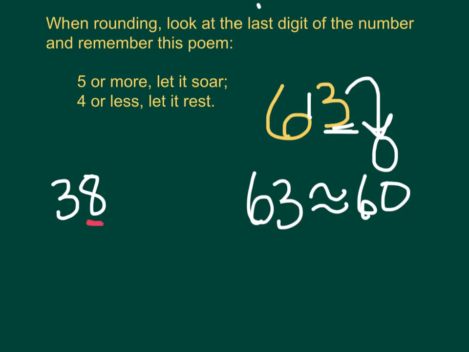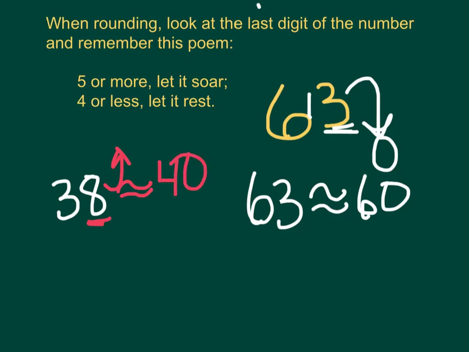In this case, it's the 8. If it's 5 or more, we'll let it soar. If it's 4 or less, we'll let it rest. So does 8 fall in the 5 or more category, or the 4 or less? Well, we know it falls into the 5 or more. So this is going to bump up, soar up to the next higher multiple, which in this case will be 40.